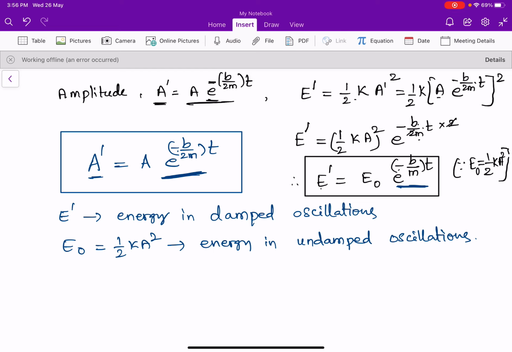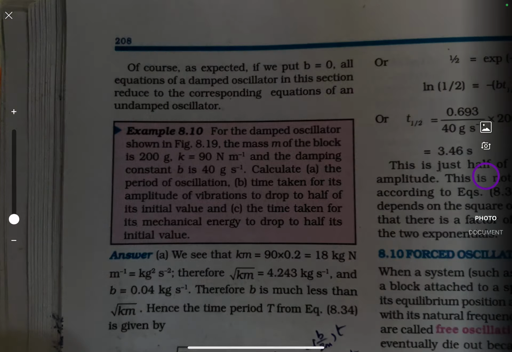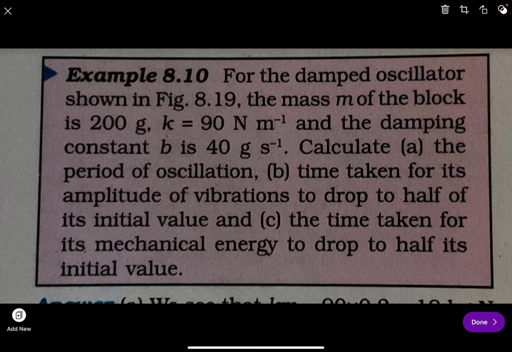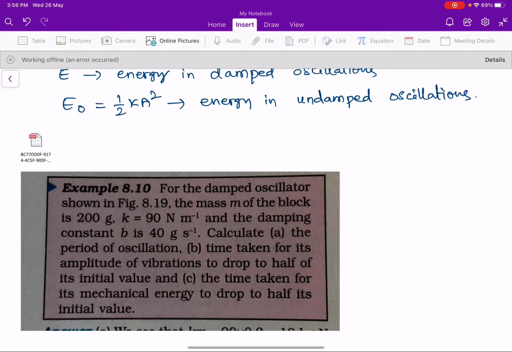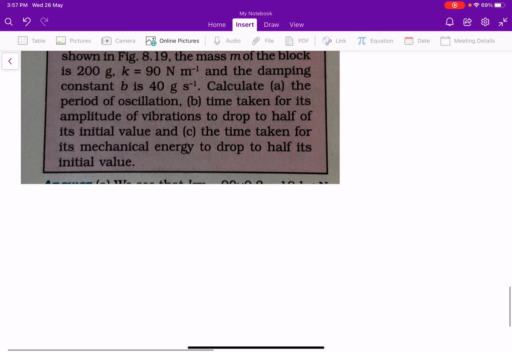Now we are going to explain an example in this case. Now I am going to explain example number 8.10.